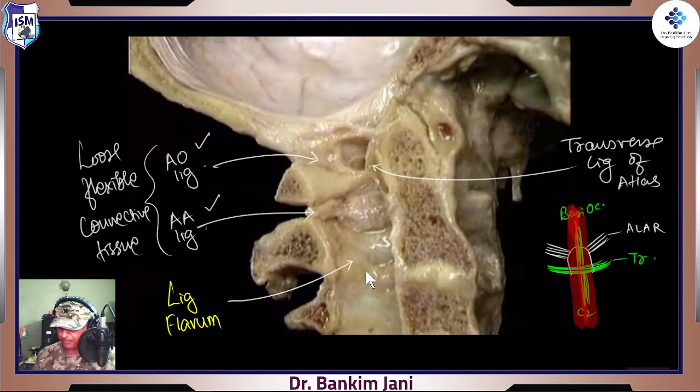And this top one was given a special name, and that is the tectorial membrane, right? And the rest of that was all the ligament, all the way down, right? So this is how those things are arranged into the layers. Okay.